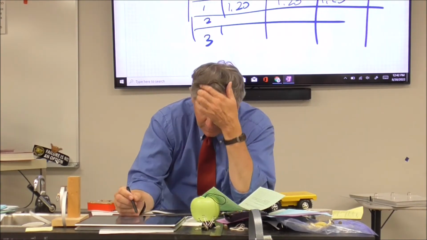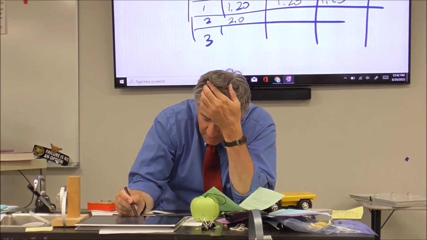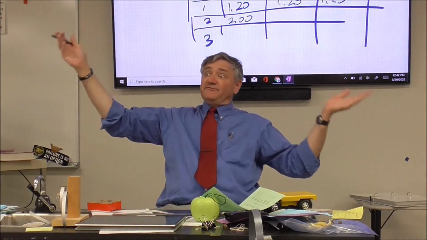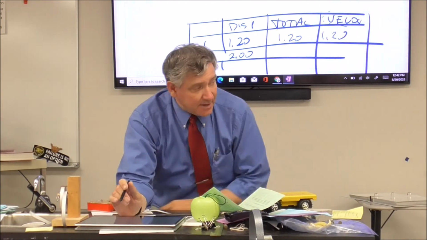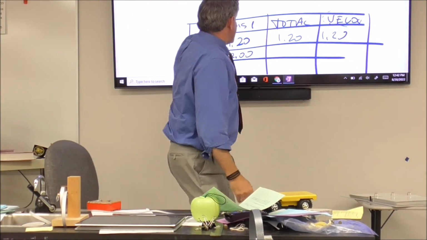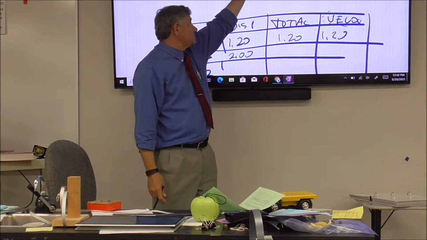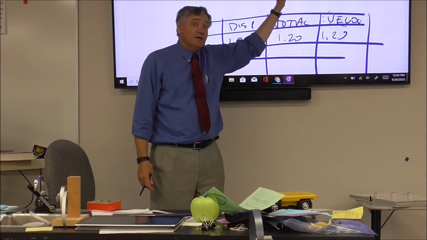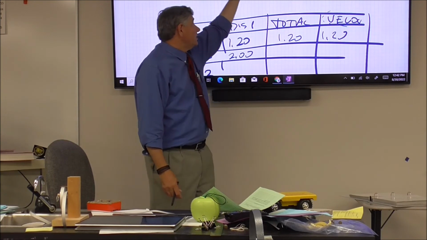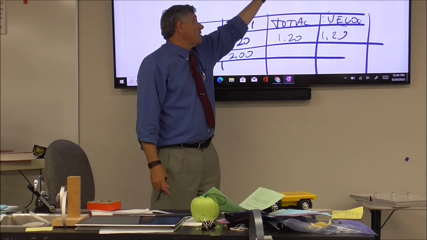Now, in the second interval, let's say that you went a little bit farther, because it's going a little bit faster. Now I measure that second interval. When you measure that, don't measure back to the beginning. Measure from here to here. Okay, so it's how far you went in that second interval, not from the origin, from this mark to this mark.